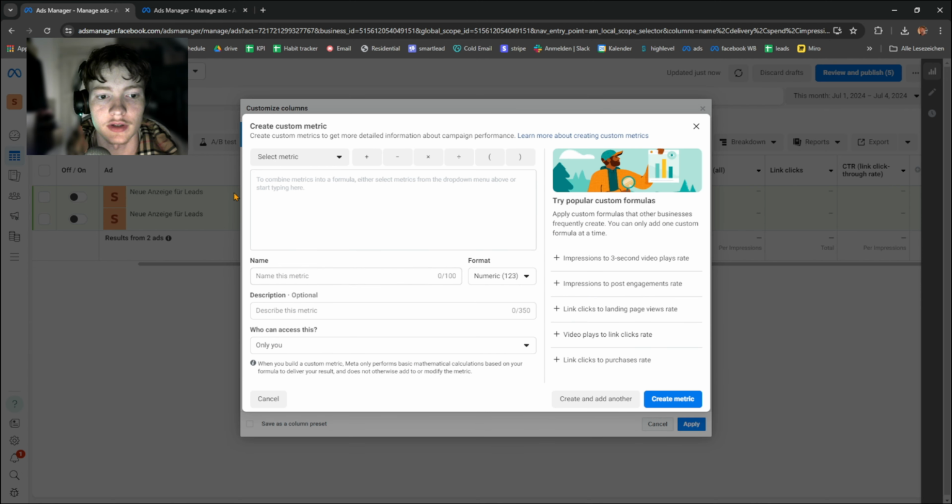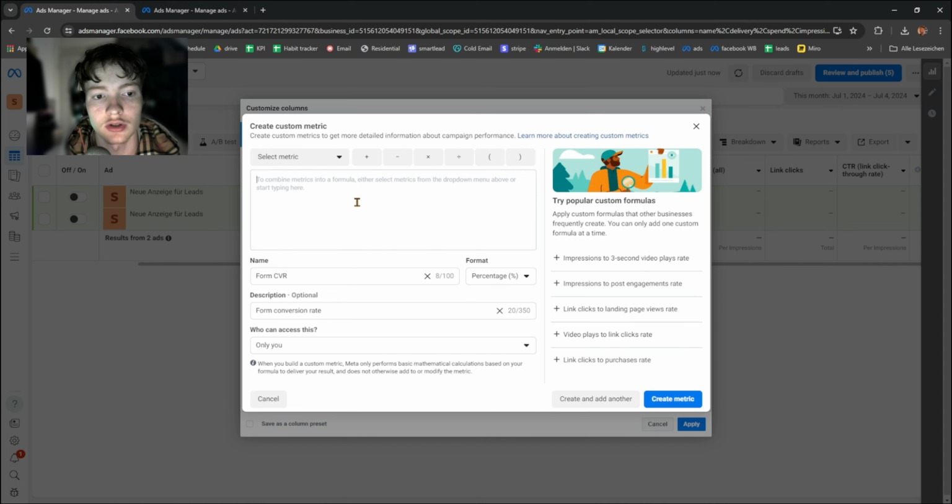Now here you can create the custom metrics. Just name this form CVR. You can give it a description like form conversion rate, this doesn't really matter. Always click percentage because you want the percentage.